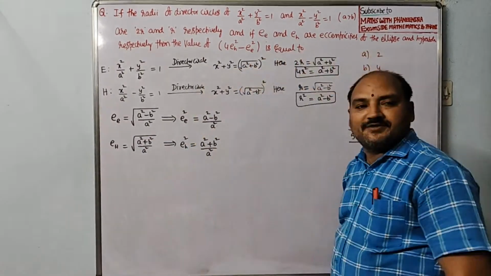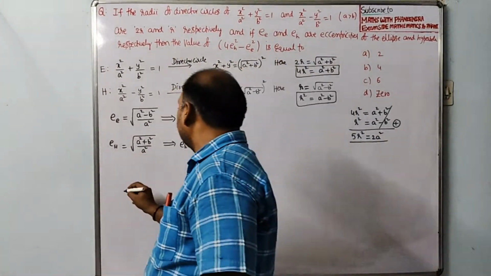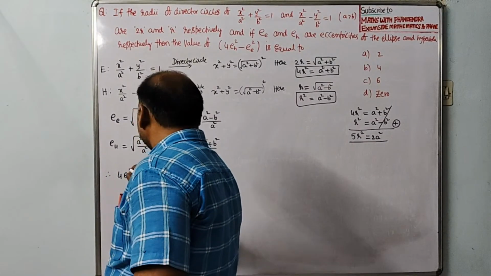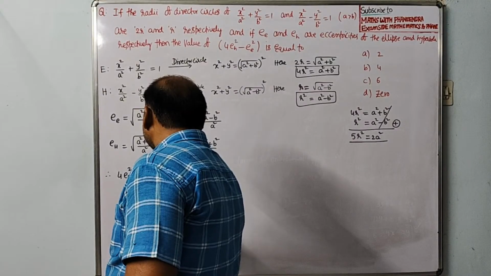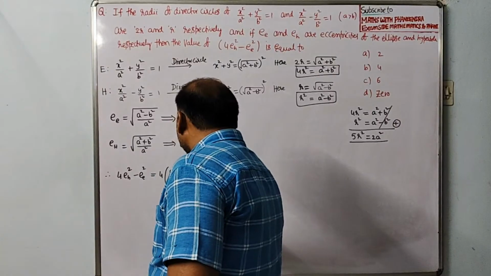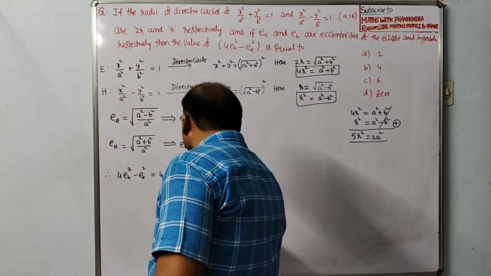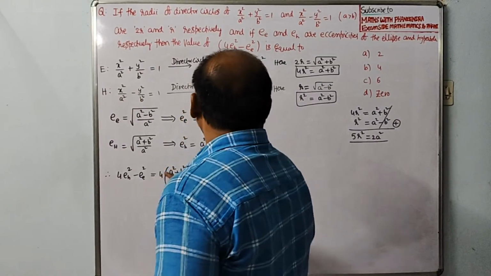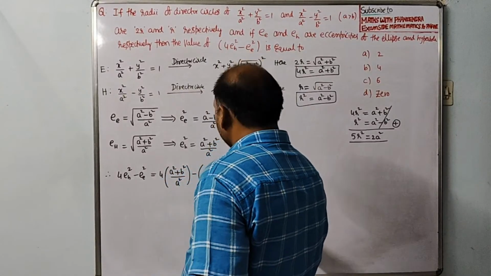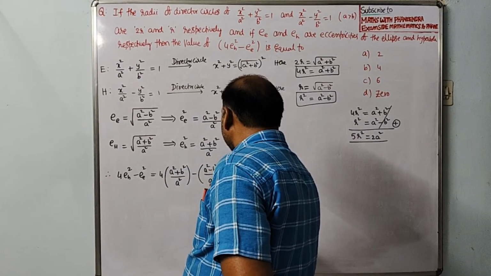Now come to the question, dear students. What question they are asking? 4EH square minus EE square. 4 times EH square will be 4 times a square plus b square divided by a square, minus EE square, which is a square minus b square by a square.